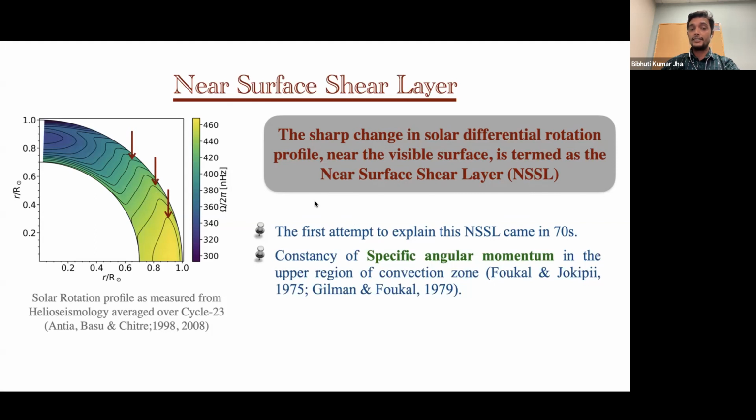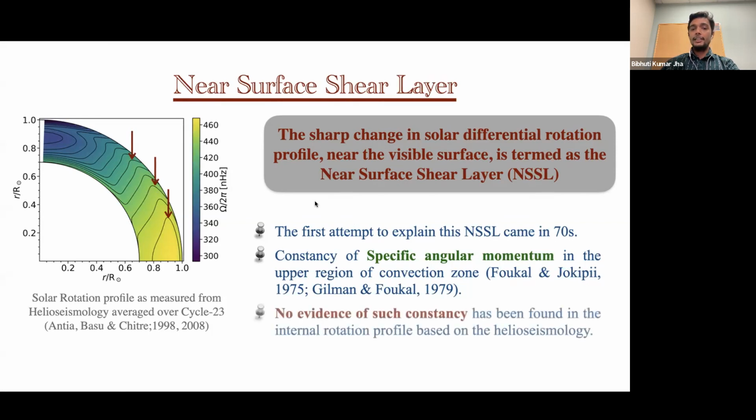If that is the case, then we expect the rotation rate will decrease with the radius, and that can give rise to the NSSL. But helioseismological observations have shown that there is no such constancy of specific angular momentum. So that cannot be the possible answer for the NSSL.